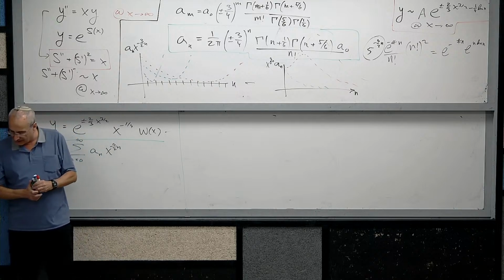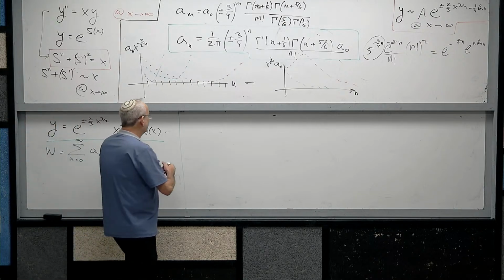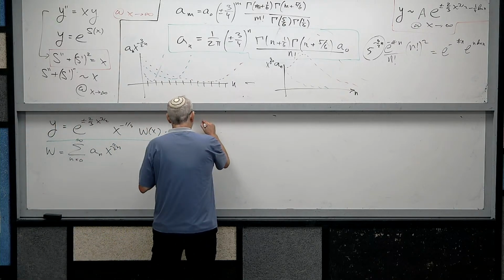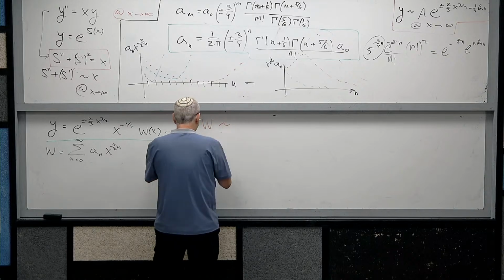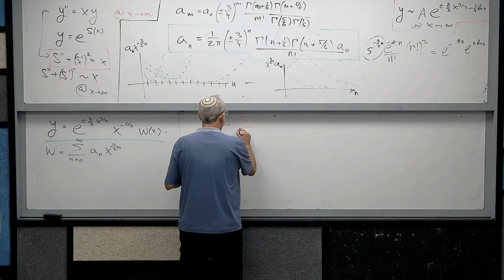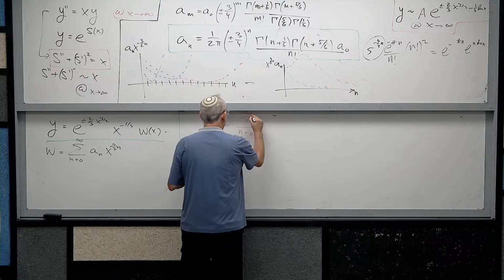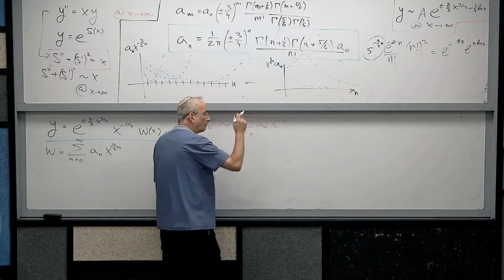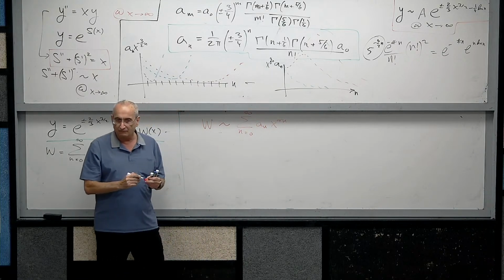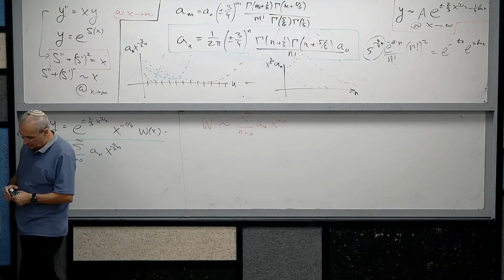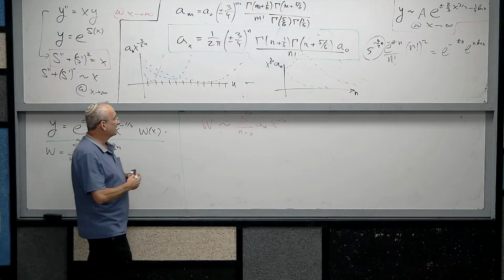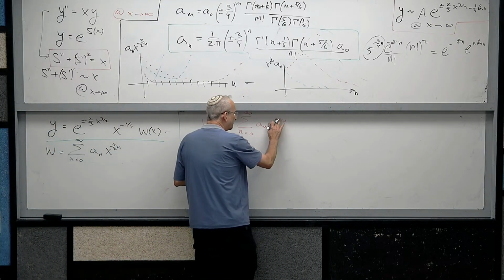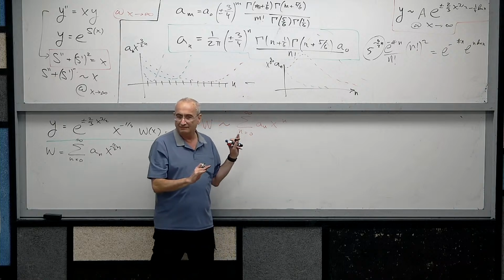And we are going to say that W is asymptotic to the sum from n equals 0 to infinity of a_n x to the alpha n, or whatever, no matter what. Let's write it like a_n x to the n, but it's in general.